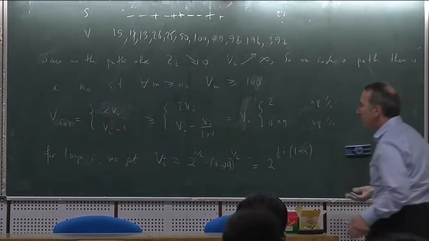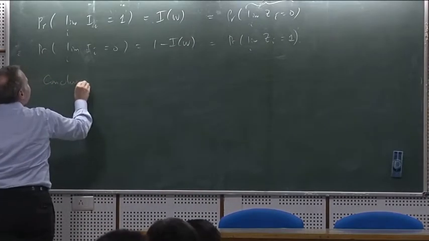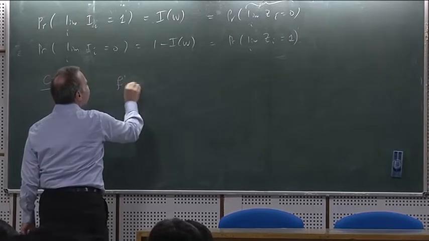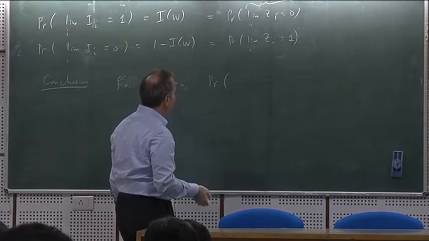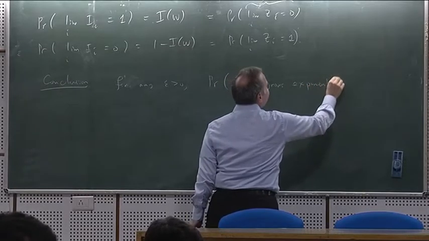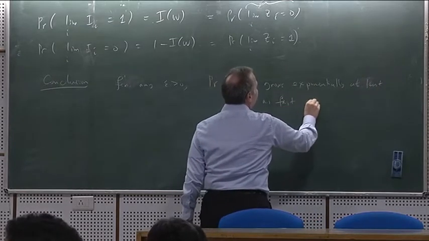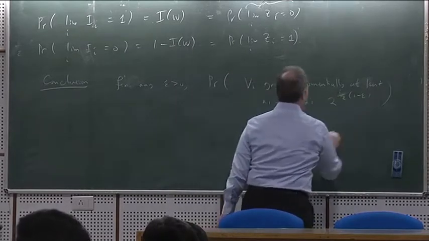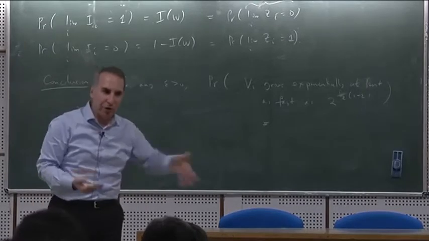Okay, so what we have shown is the following. At the end of the day, the conclusion is that if you look at the vi, for any epsilon bigger than 0, the probability of the following event, that the vi grows exponentially at least as fast as 2 to the I over 2 times 1 minus epsilon, is the same as the probability that zi goes to 0, because we only showed this thing on paths which are converging to 0.